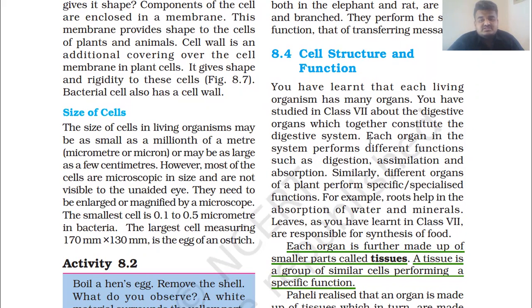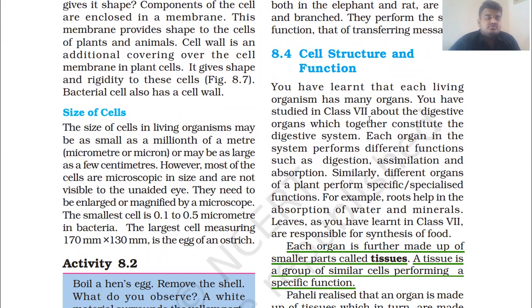Each organ in the system performs different functions such as digestion, assimilation, and absorption. Similarly, the different organs of a plant perform specialized functions. For example, roots help in absorption of water and minerals. Leaves, as you have learnt in class 7, are responsible for synthesis of food.